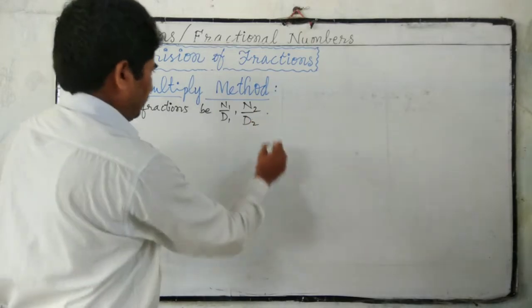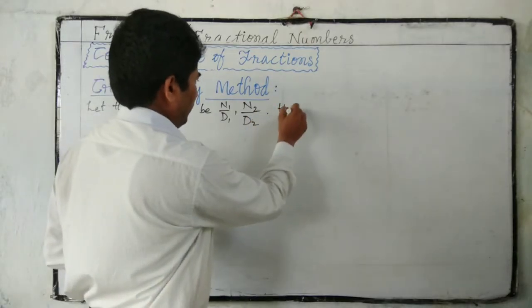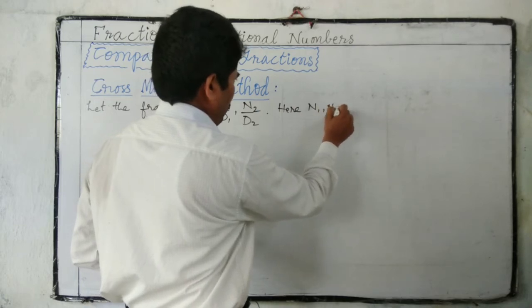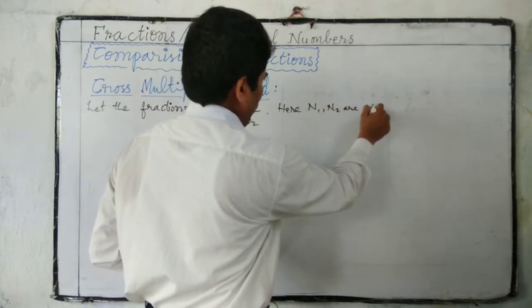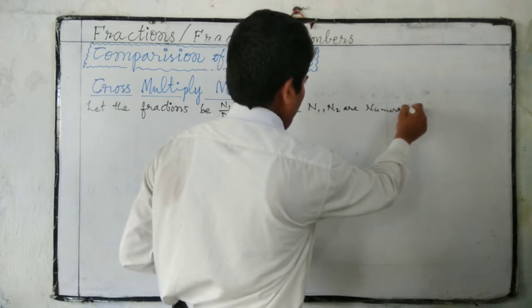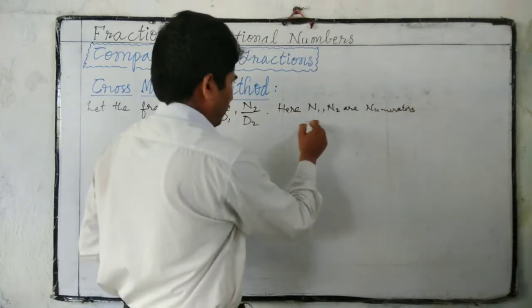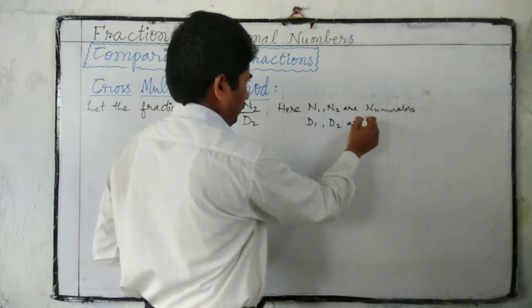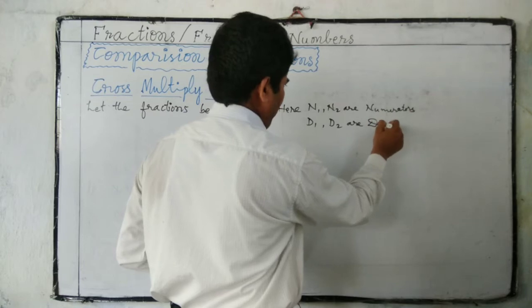Here n1, n2 are numerators and d1, d2 are denominators.